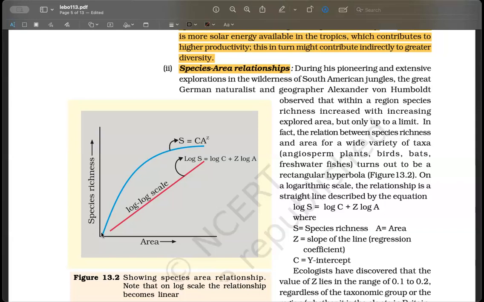Makes sense. In the beginning, with less increase in area, I see more increase in species richness, correct? When I come to this point where my cursor is, I have moved more on the y-axis than on the x-axis. Make sense?